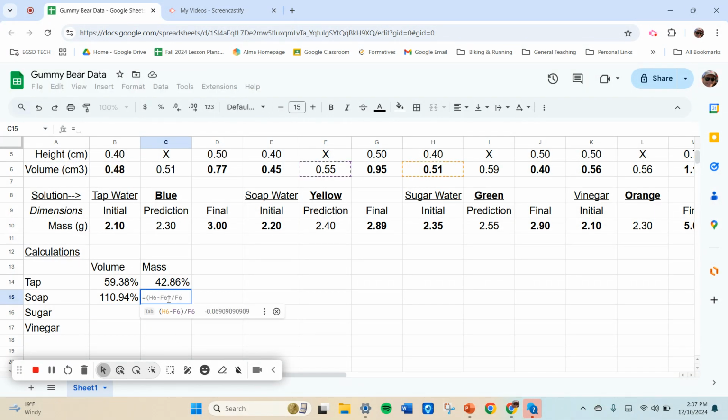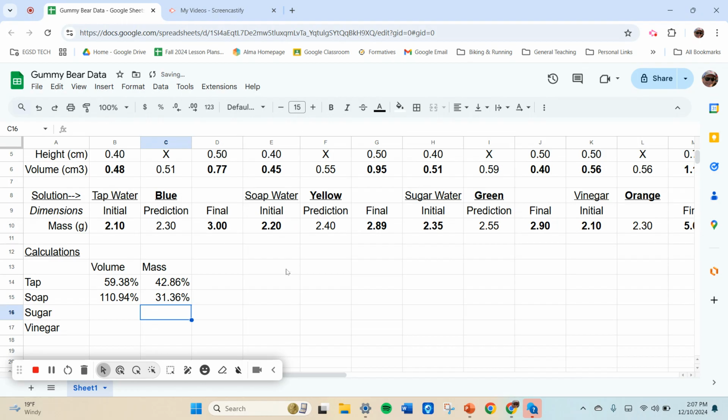Now, if you look at this, it tries to predict the formula that you're going to get. Google's AI is not that great on predictions of formulas yet. You still have to type it out, simply because they're not right next to each other anymore. Open parenthesis, soap water mass, final minus initial, close parentheses, divide by initial.